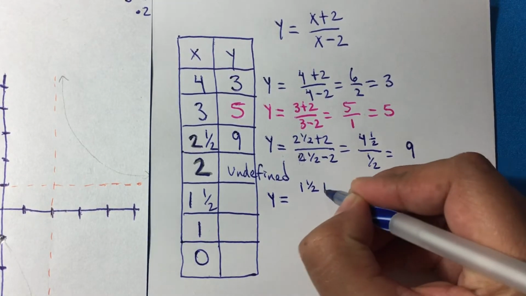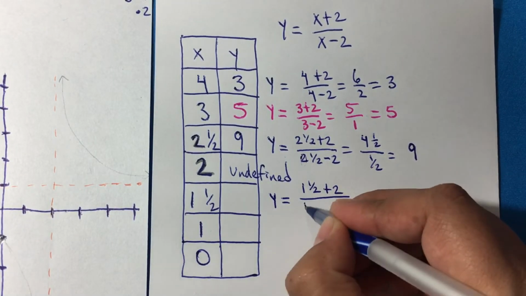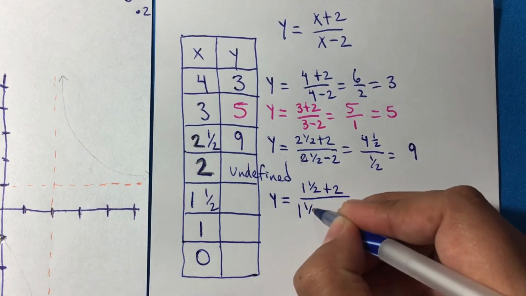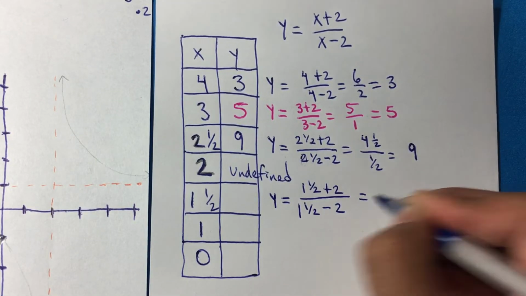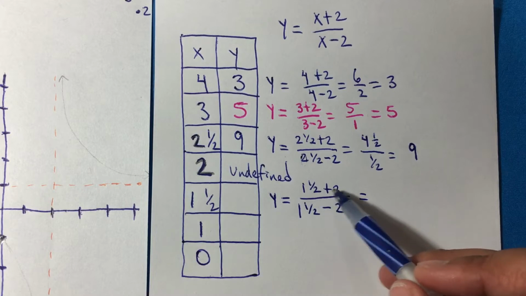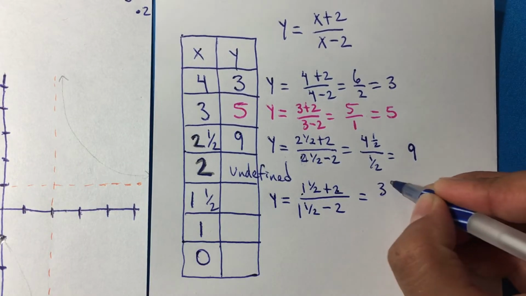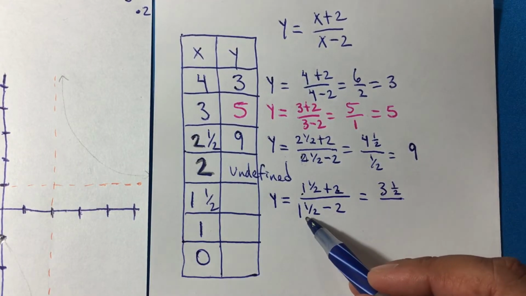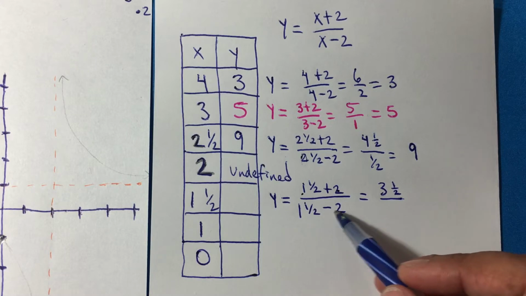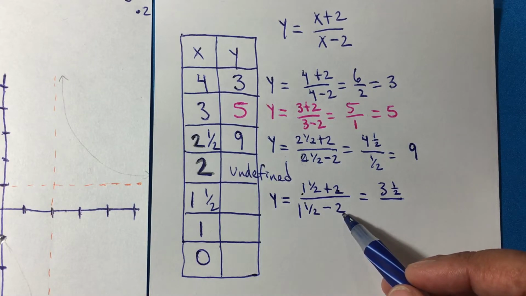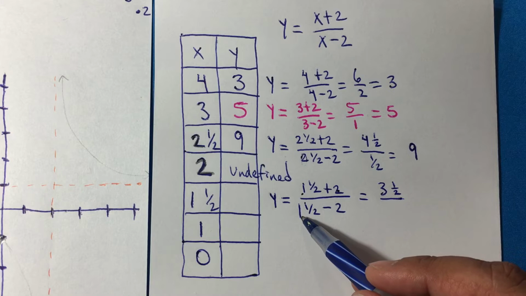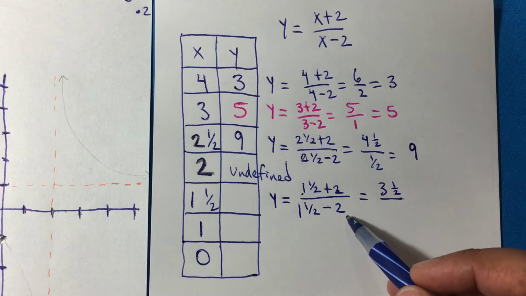Okay, for the next one, you have y is equal to 1 and 1/2, or 1.5 if you prefer, plus 2 over 1 and 1/2 minus 2. So you add the whole numbers, which is 3 and 1/2. And then in here, 1 and 1/2 minus 2, well, it's like 1.5 minus 2.